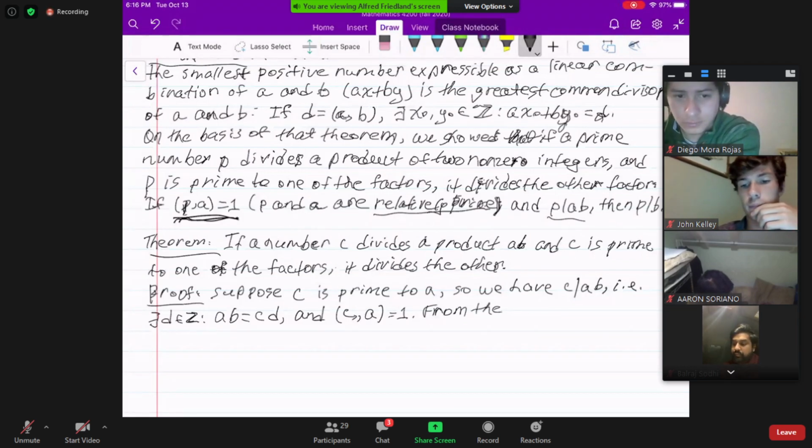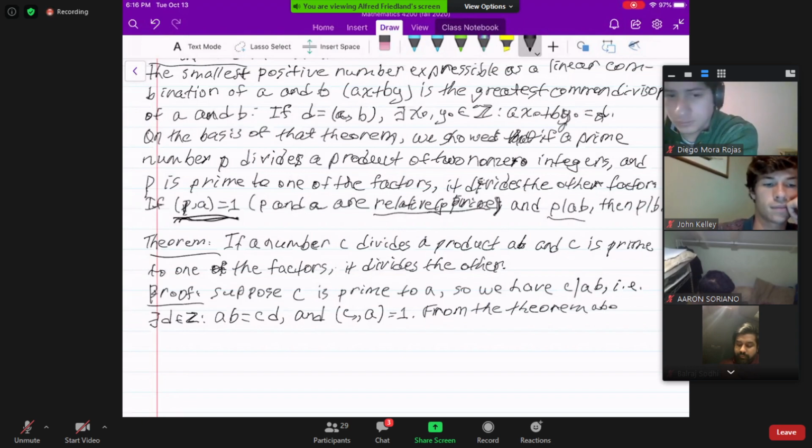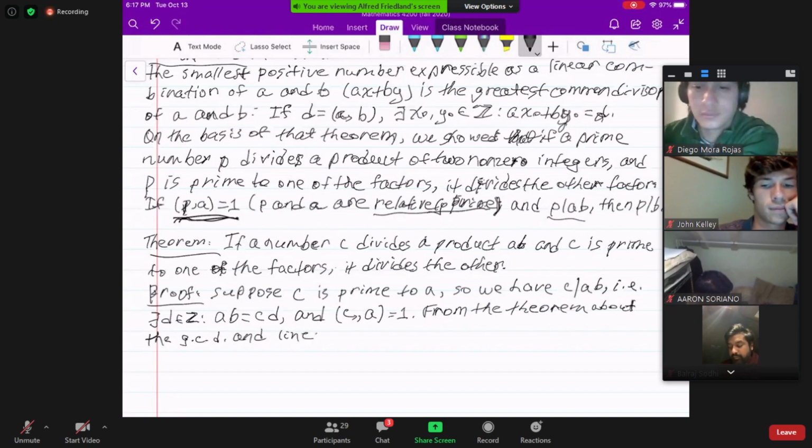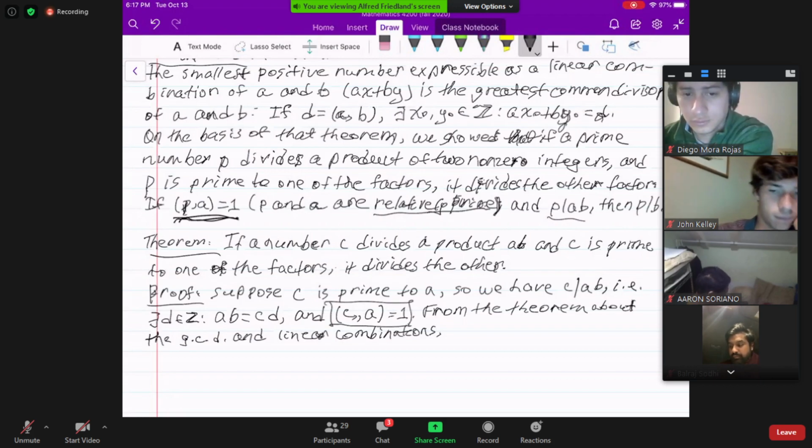From the theorem that we did Thursday, that I just mentioned several times, about the greatest common divisor and linear combinations, we have that the greatest common divisor of C and A is 1.